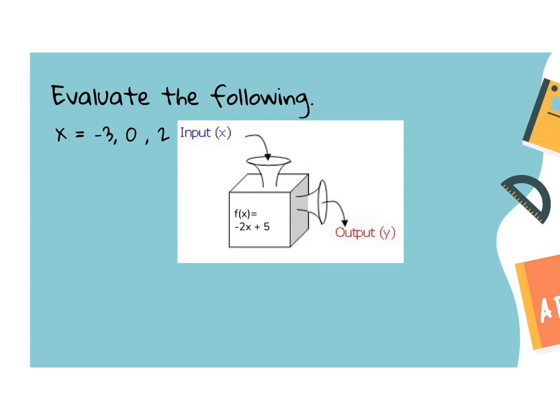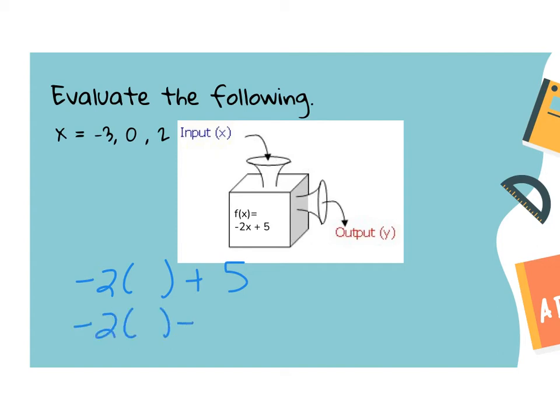Okay, so from an equation, we are going to evaluate the following equation when x is -3, 0, and 2. Therefore, since they are giving us the input, we are looking for the output. So, on the side right here, I'm going to write my equation 3 times, but in place of the x, I'm going to leave it blank and leave a parentheses.